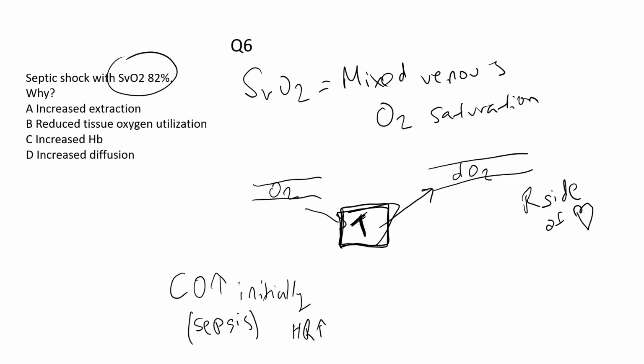If you're not spending enough time in the tissues, then you have an increased oxygen saturation on this side. So that's why your SVO2 is going to be higher in a sepsis picture. Your oxygen doesn't have enough time to get unloaded in the tissues because your heart is pumping so fast. And that's why B is the right answer.